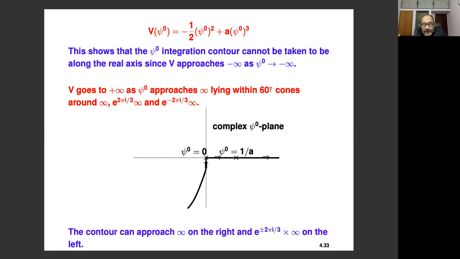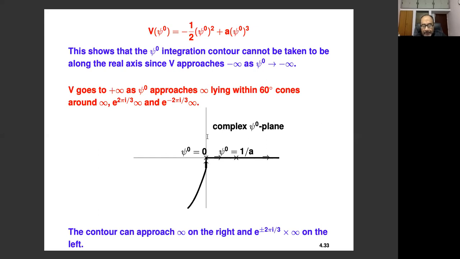We can take 60-degree cones around either plus infinity, the positive end, or around e to the 2 pi i over 3, the axis making a 2 pi over 3 angle with the real axis, or e to the minus 2 pi i over 3. So that is basically 120-degree lines. You can draw these 120-degree lines, and along each of those, the potential goes to plus infinity. So the natural choice of contour would be either that you start from somewhere here and go here, or you start from somewhere here and go here. They're just complex conjugate contours.